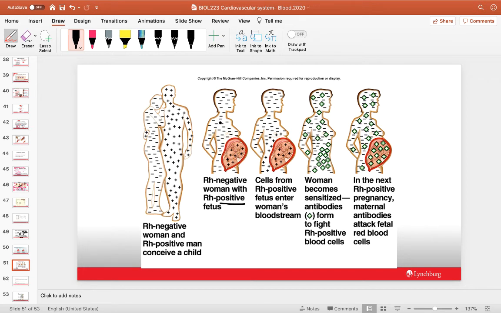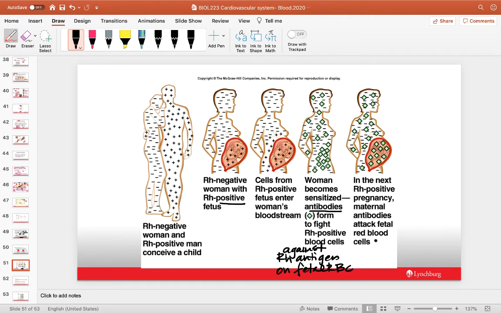The mother does not. So as a result, the mother's blood is going to see the fetal blood as foreign. The mother's blood is going to form antibodies against the Rh antigen on the fetal cells, so against Rh antigen on fetal red blood cells.